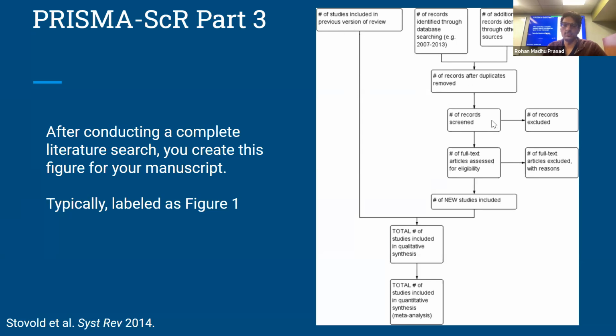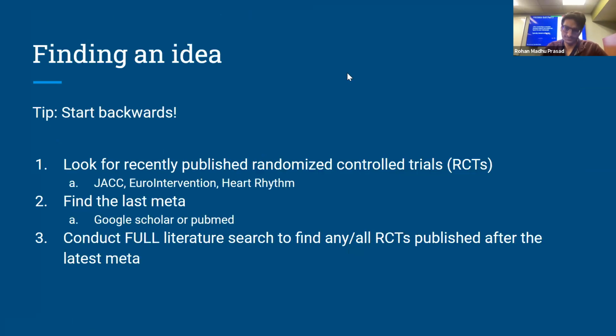And then, based on how many articles you exclude over here, you go down here, how many articles you evaluated in the full text, and how many articles you included in your own meta-analysis. And that way it shows the reviewers and the audience how you went from starting with 1,000 articles, but you only ended up with 5. So you have to show how you got there.